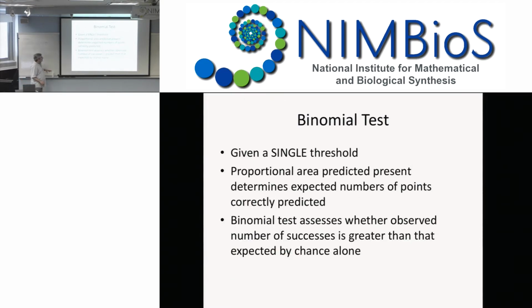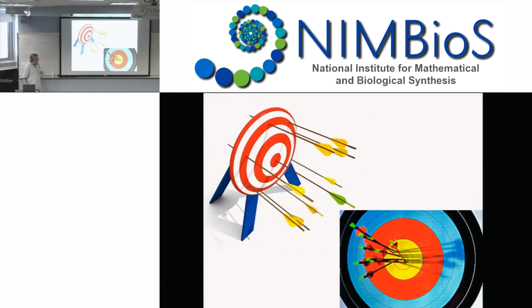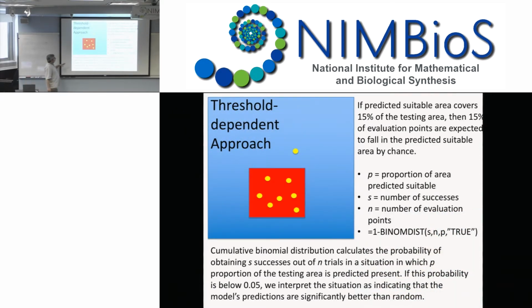Okay, binomial tests. I'm going to move fast. We need a thresholded model, so it's just ones and zeros. We need, across our test area, and our test area is M, what proportion of the area is predicted as suitable. And we would need to know how many test data points we have and how many of them fell within the predicted area. And so just like we can tell who's the better archer, we use a binomial test.